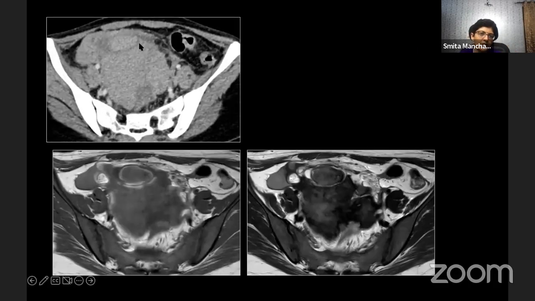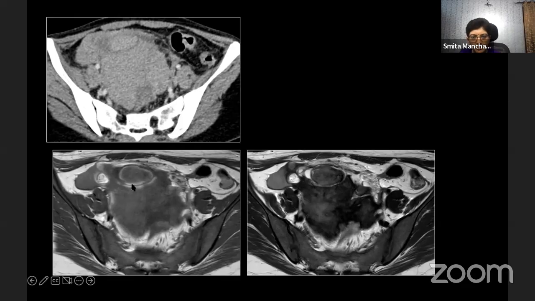So here, what are you seeing? This is definitely blood product. So this is hematoma or hemoperitoneum. So here you can see some differential signal also. So this is the T1 weighted image. Now you're seeing a lesion within the ovary. So this is the T2. You're seeing follicles. There is a lesion which has got characteristics of a subacute hematoma. Why?